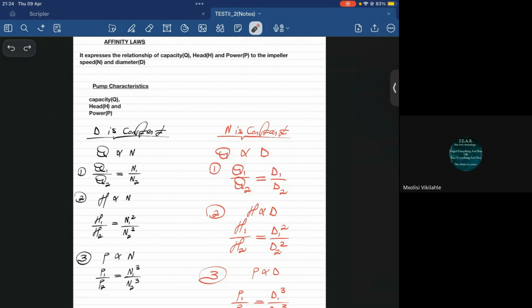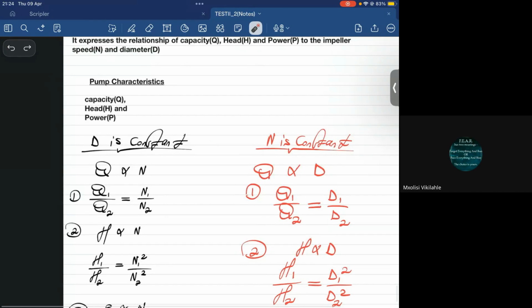So normally when coming to affinity laws, you will be given, for example, the volumetric flow rate of the two pumps, including the impeller speed of one of these pumps, and then they'll want you to find the impeller speed of the other pump.